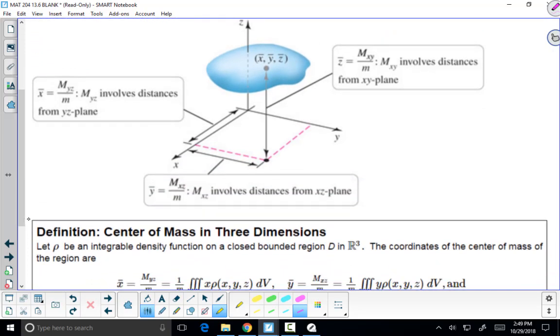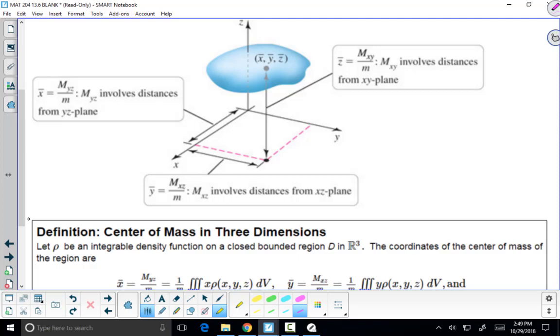We're going to find the moment, individual moments, not about coordinate axes, but we're going to find moments about planes. So we're going to find the moment with respect to the xy plane, moment with respect to the yz and the xz planes. And then same idea, we're going to take our moment, divide it by the mass to get the coordinate of the balance point, of the center of mass.